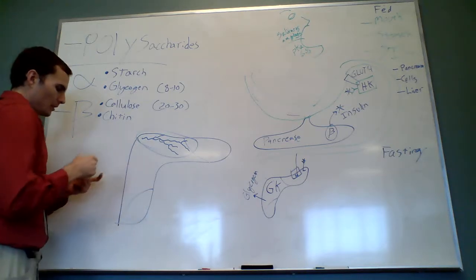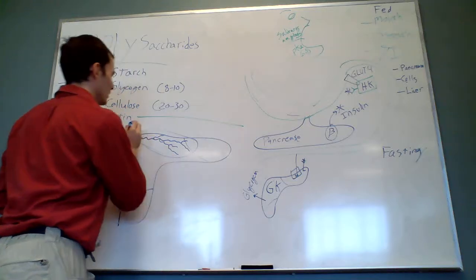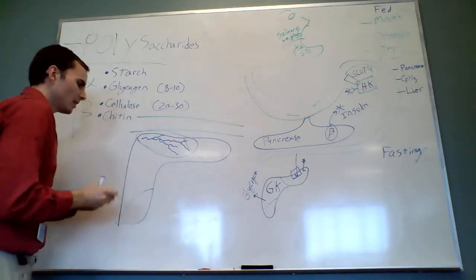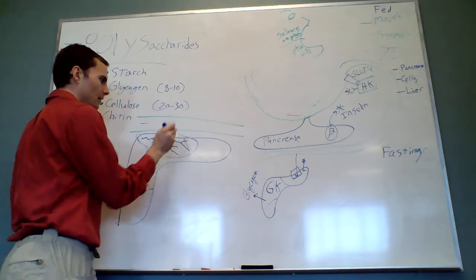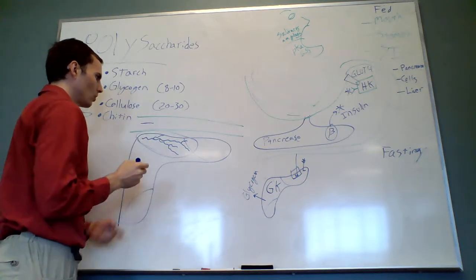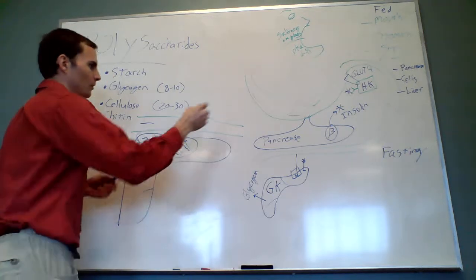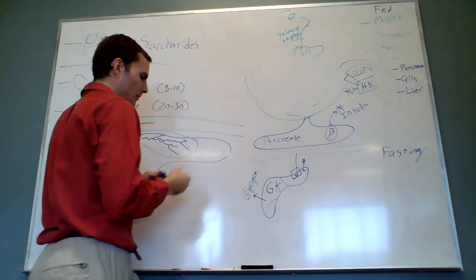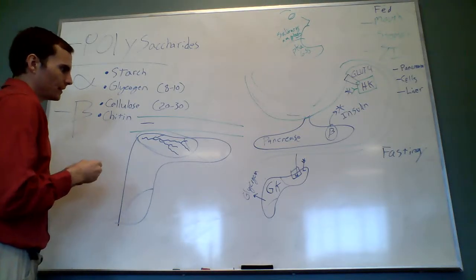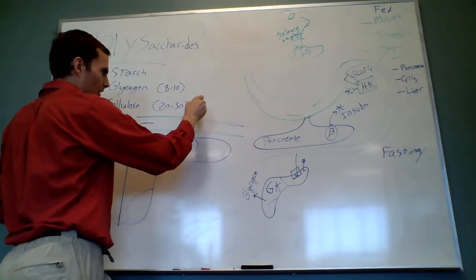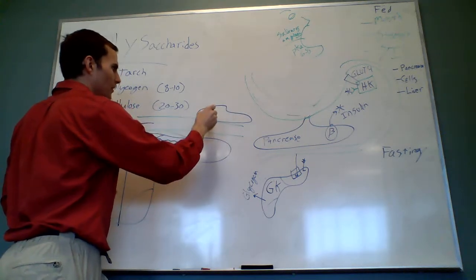Now, in the blood, if the blood glucose has gotten really low, that one dash right there is all the blood glucose that's out there. We're also going to have the pancreas still. Then the pancreas does one thing, and then the liver does one thing. Those are the two things you want to know about, okay?